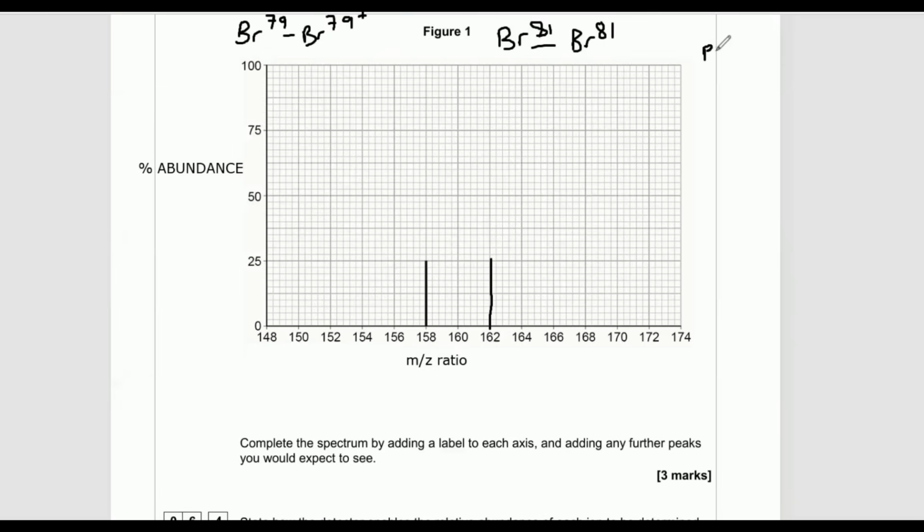But then there's another combination, bromine 79 and bromine 81, or bromine 81 combining with bromine 79. And so that's double the amount of either of these. So 50% of all the bromine is going to have a mass of 160, because if you add 81 and 79, you make 160. If you add 81 and 81, you make 162, and 79 and 79, you make 158. So your marks here are really for labeling the axes and then getting the bars right and the right percentages for each of those bars.